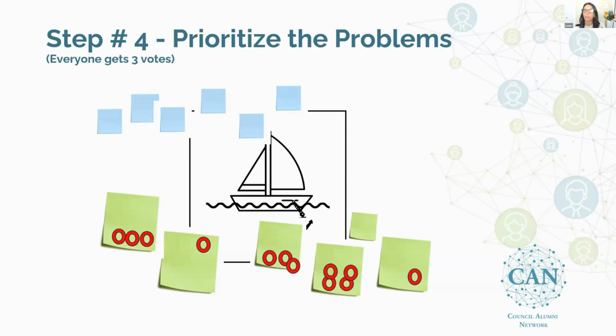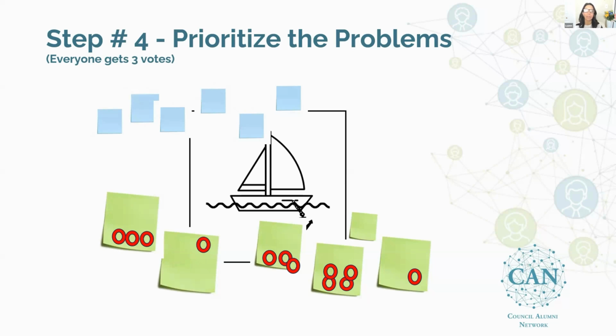It could be the one they put up there, it could be someone else's. And if they feel really strongly about something, they could put 2 or 3 on one. So they can go up and say, I think this one is one, this one is one, and this one is one. Or they can say, this one is one, and put 2 circles up there. So you're going to ask them to prioritize.